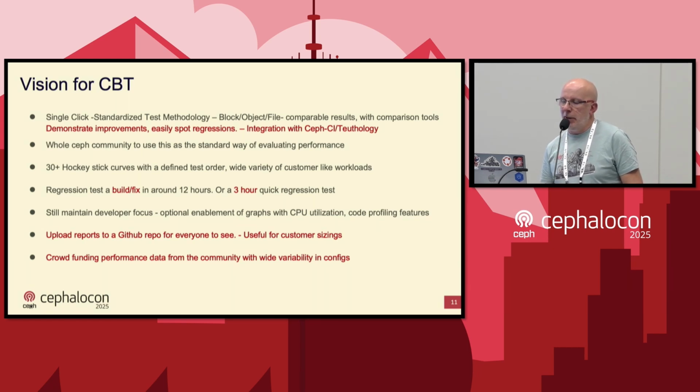We want to generate 30 plus hockey stick curves, and I'll explain in a minute why we want to generate this amount of data. But at the same time, we still want to maintain the developer-like focus of understanding what the bottlenecks are, CPU utilization, and also the code profiling features, and upload results to a GitHub repo for everybody to see.